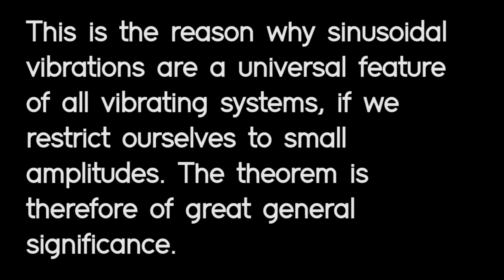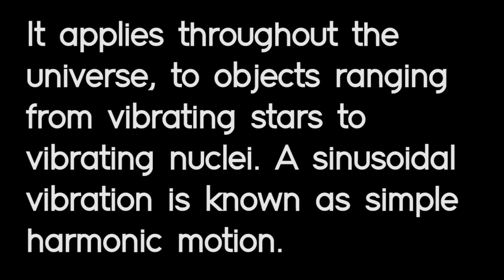This is the reason why sinusoidal vibrations are a universal feature of all vibrating systems if we restrict ourselves to small amplitudes. The theorem is therefore of great general significance. It applies throughout the universe to objects ranging from vibrating stars to vibrating nuclei. A sinusoidal vibration is known as simple harmonic motion.